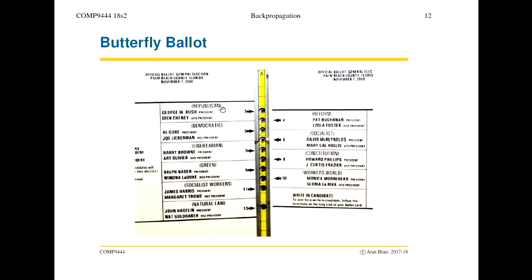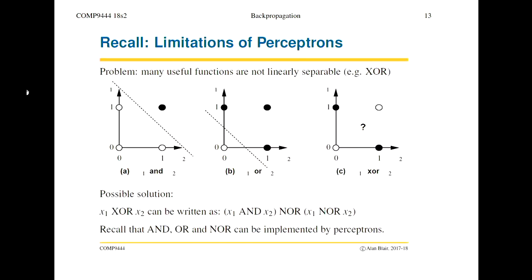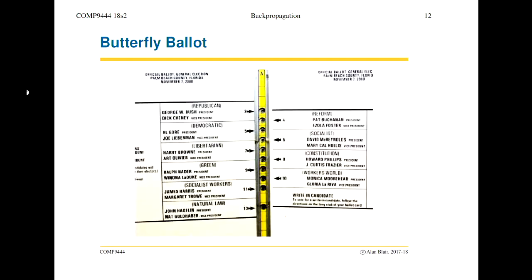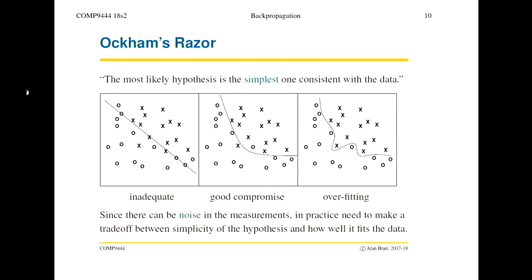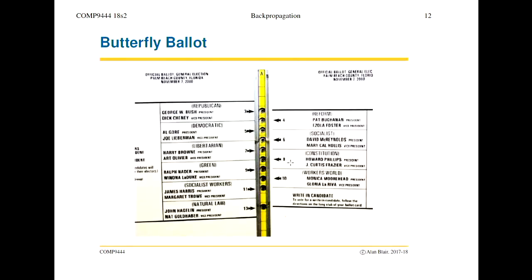So some people who attempted to vote Democratic, because Democratic is the second choice, punched out the second hole, but it turned out that actually they accidentally voted for Pat Buchanan. Okay. So this is what we're going to be keeping in mind, this trade-off.